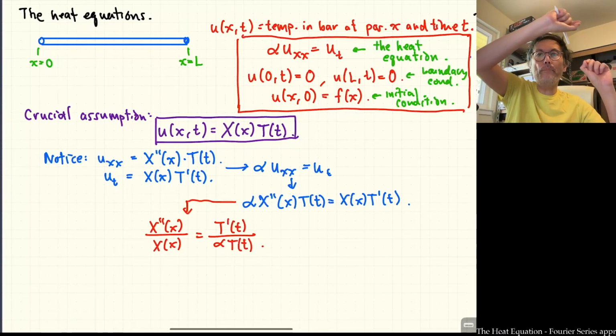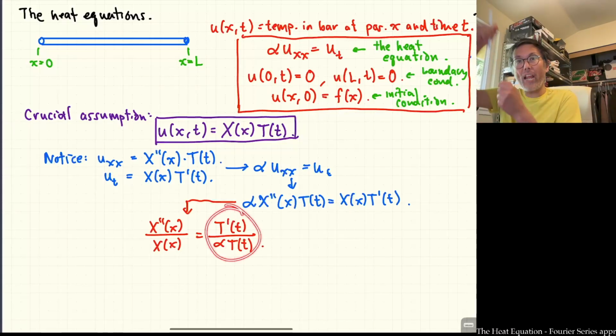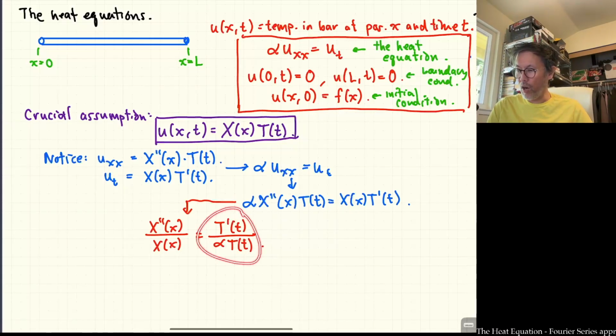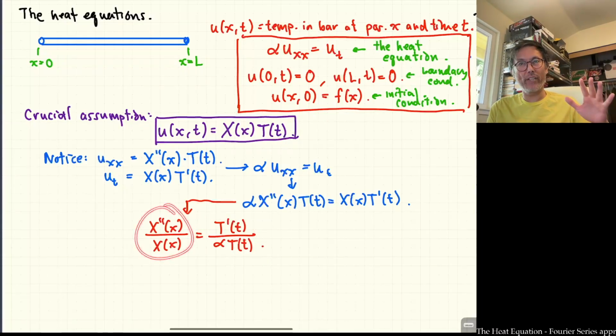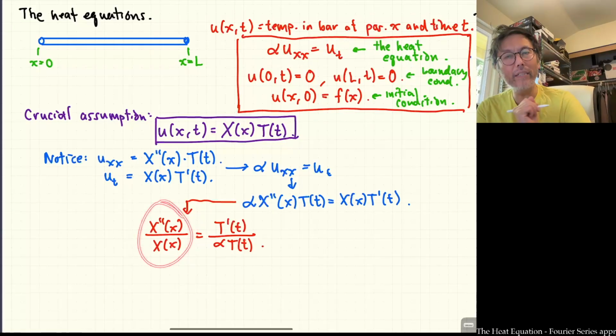If there was some actual position dependency on this side, then that wouldn't be reflected on this side. Does that make sense? And similarly, if there was time dependency, if there was actual change in the value of this quantity as t changed, that change would not be reflected on this side because this is time independent.